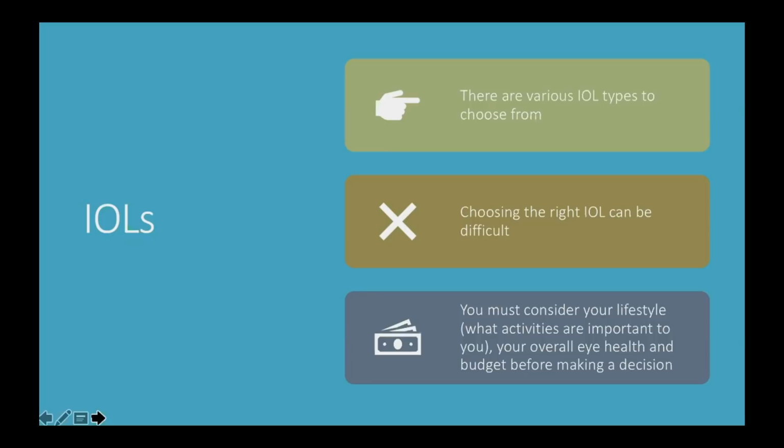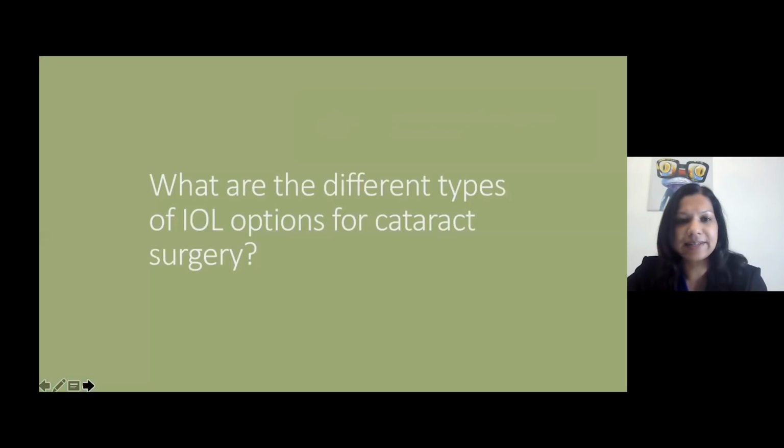And like I said, it's not always an easy decision. You've already decided on having the cataract surgery, and then you have to make another decision on what type of lens to put in. And it takes time. So we'll go over some of the different types of lens options for cataract surgery first, and then we'll talk about some of the important factors when it comes to making a decision.